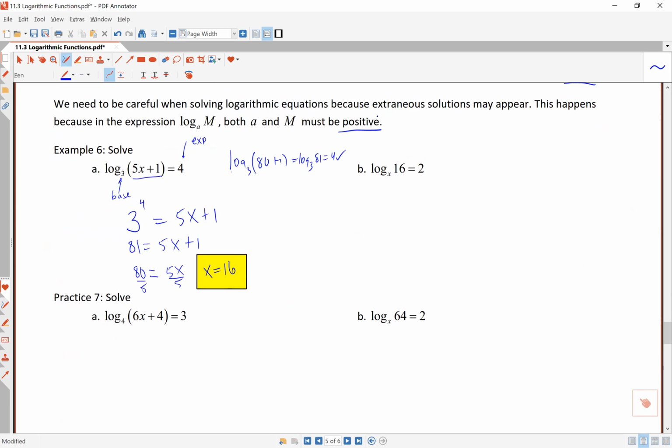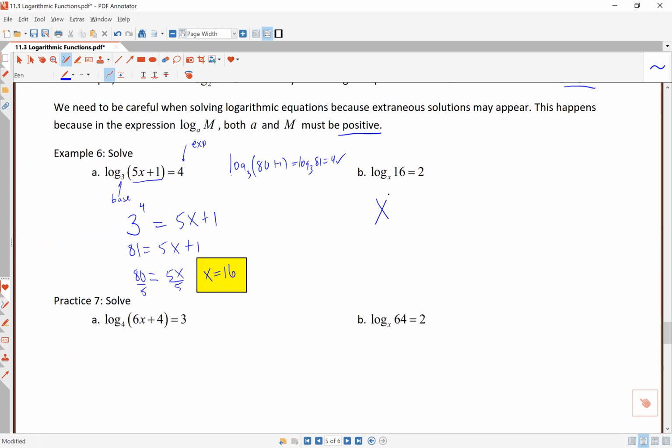Letter B, 2 is the exponent on the base of x to equal 16. We're converting to exponential form first. Now, we can take the square root of both sides on this one and get x is equal to plus or minus 4. If x equals 4, that says the log base 4 of 16 is 2.